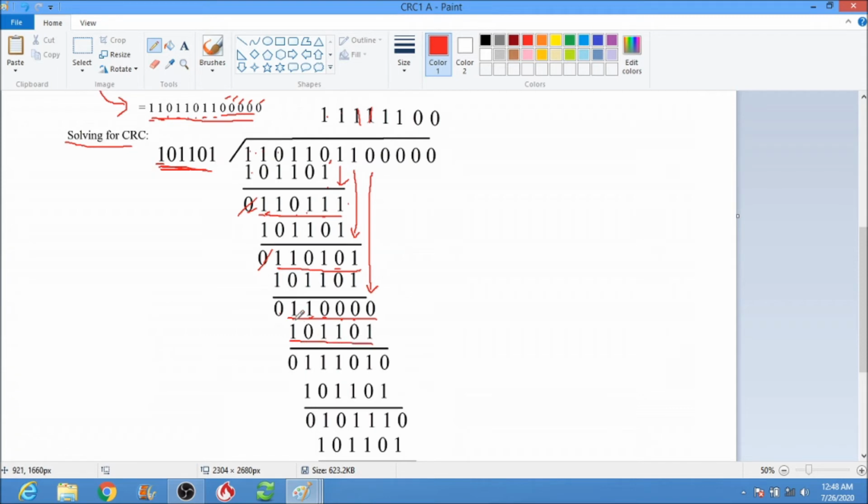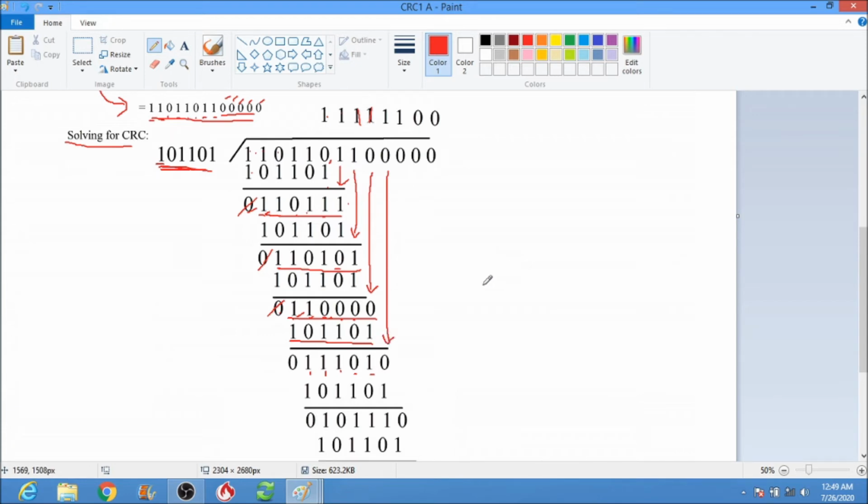So then, we cancel out this one. So 1, 1 is 0. 1, 0 is 1. 0, 1 is 1. 0, 1 is 1. 0, 0 is 0. 0, 1 is 1. And then bring down another 0.